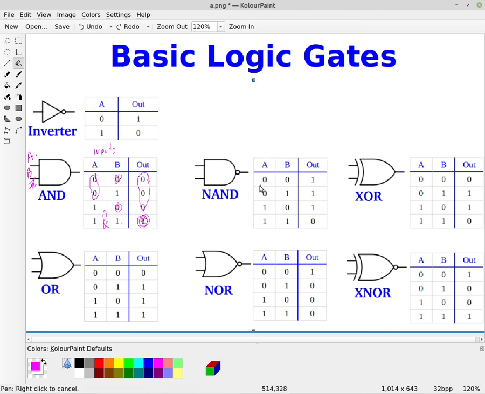But I want to point out here that if you do a NAND gate and you just connect A and B together, so you take your inputs A and B, and you short them together, then you'll never have these middle possibilities, and you actually are back up to an inverter. Okay.